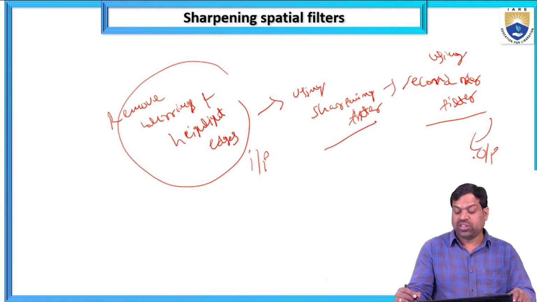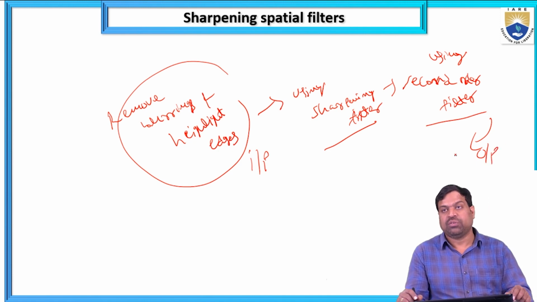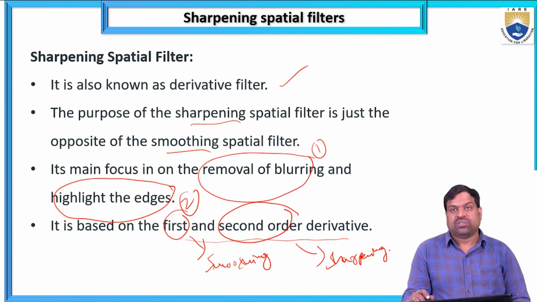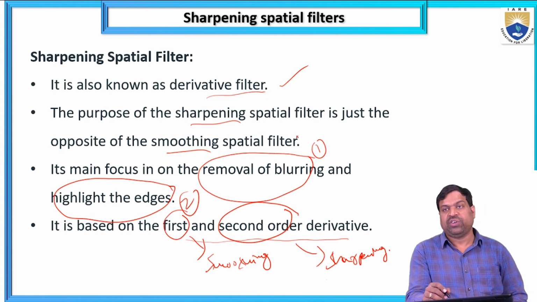So the output is blurless and sharpened. So it is a derivative filter, and the purpose of the sharpening spatial filter is just the opposite of the smoothing. The main focus is the removal of blurring and highlighting the edges, and it is based on the first and second order derivative.